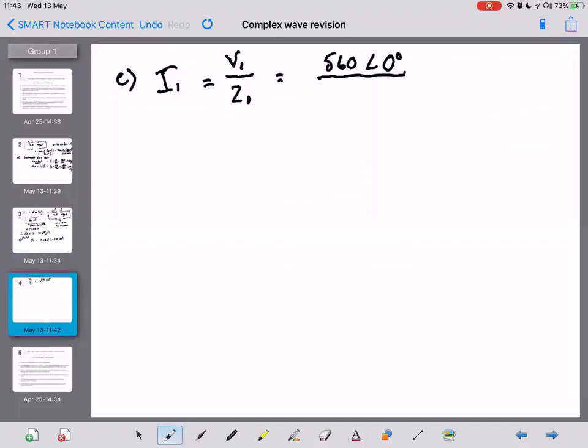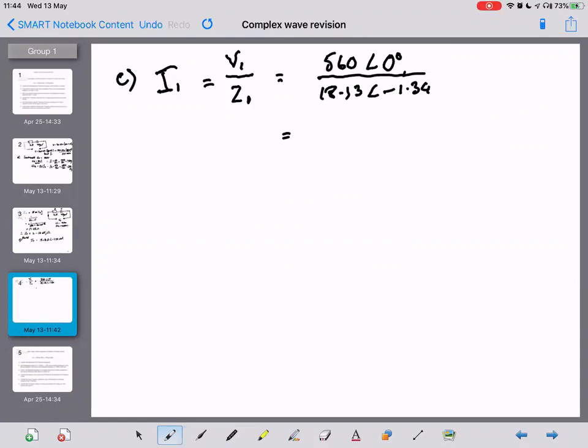560 angle 0 over 18.13 angle minus 1.34, already calculated. So you've got to do that polar division.